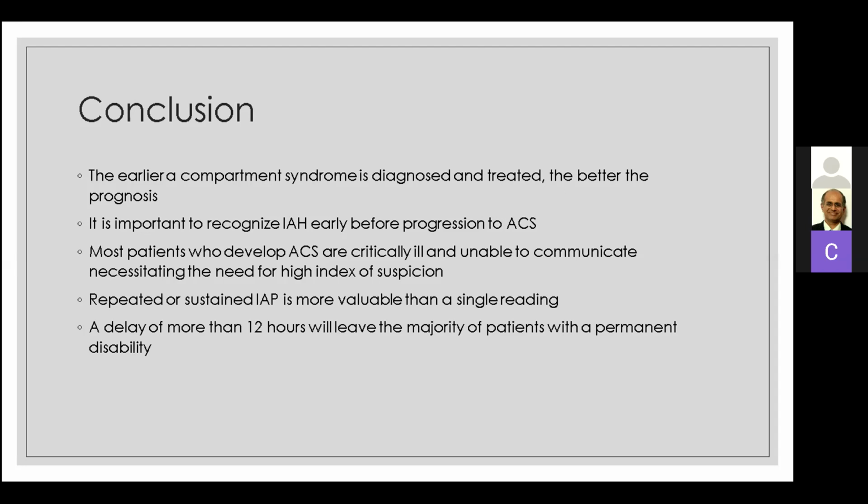Repeated or sustained intra-abdominal pressure is more valuable than a single reading, and a delay of more than 12 hours will leave the majority of patients with a permanent disability, particularly with the limb compartment syndrome.